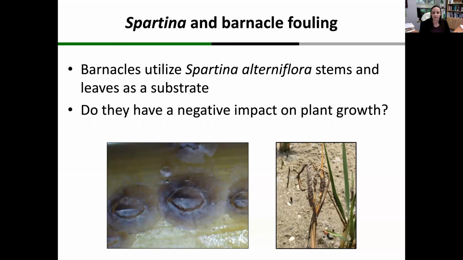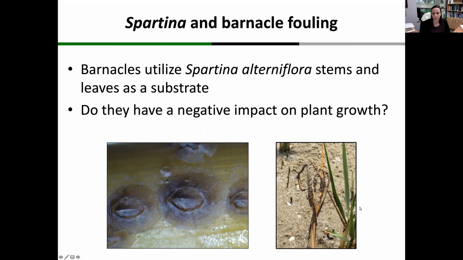We've also looked at the interaction between Spartina and barnacles. Barnacles are these small invertebrates that have to settle on a substrate, and in our local habitats, many barnacles end up settling on Spartina itself. And so we've been curious if that has a negative impact on the plant.